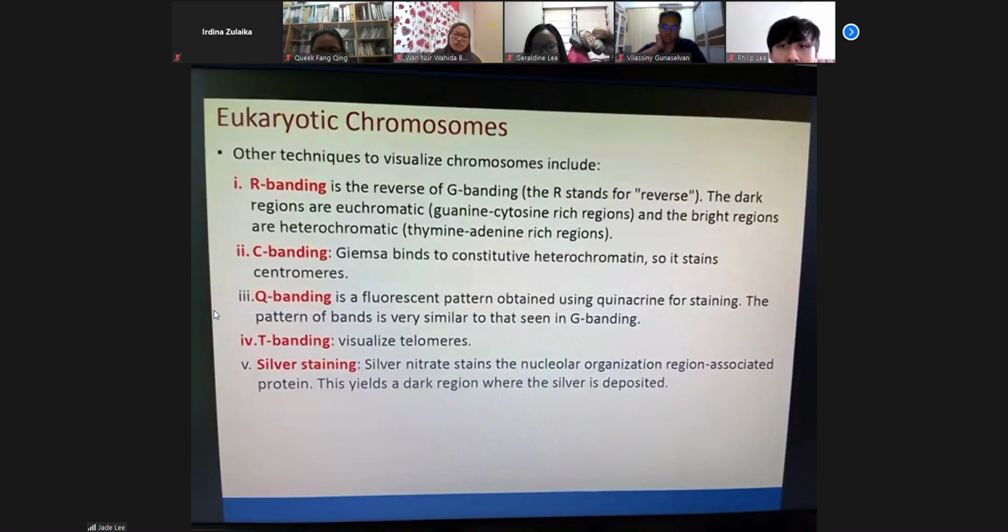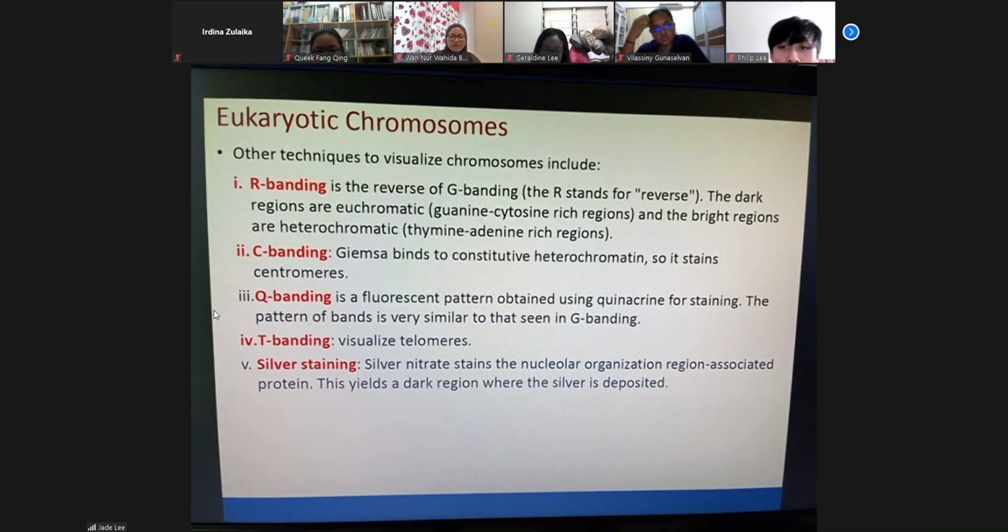Okay, and also we have the Q banding, which is a fluorescent pattern obtained from using quinacrine. Okay, quinacrine for staining the pattern of the bands, very similar to the G banding. The other one is the T banding, also used to visualize the telomeres. Another one is silver staining, whereby silver nitrate stain is used for the nucleolar organizing regions associated with protein.